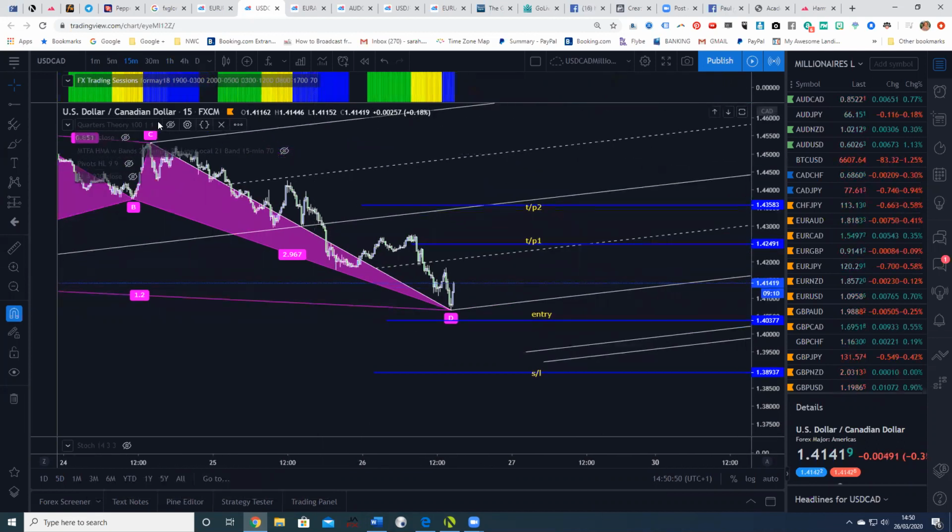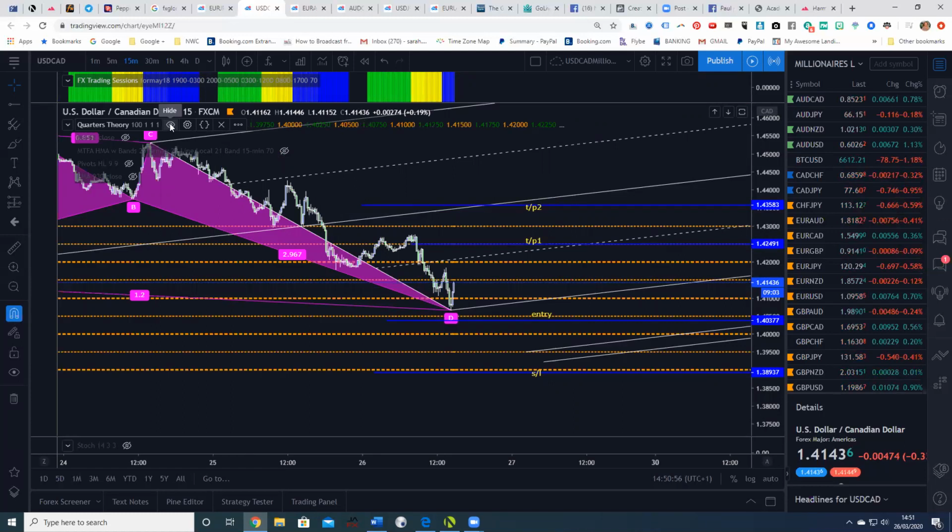And let's put on quarter theory. Now, quarter theory works off each major move in a currency pair will move 1,000 pips. That's a major move in a currency pair. And if you look down this right-hand side and you see where it says things like 500, 8000, 500, and then quarter theory, each of these orange dotted lines is a 50 pip interval, and they are each of equal value.